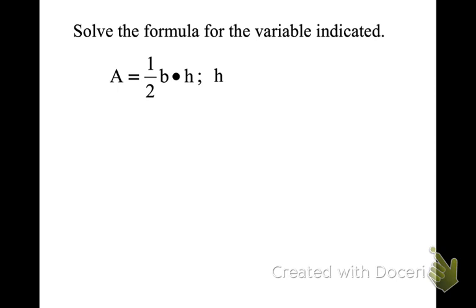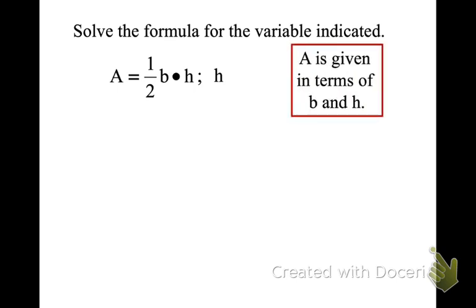Now we're solving for H. Right now A is given in terms of B and H. We're going to switch it around so we have H in terms of B and A. The first thing we're going to do is get rid of that fraction. A equals 1/2 BH.